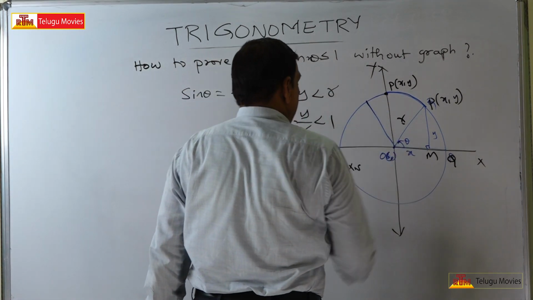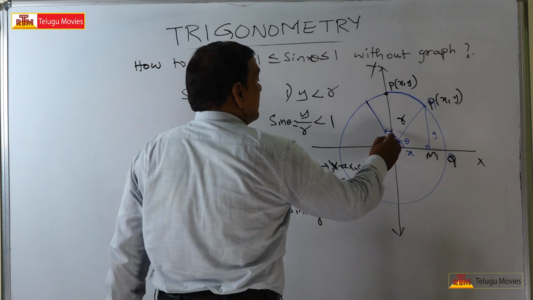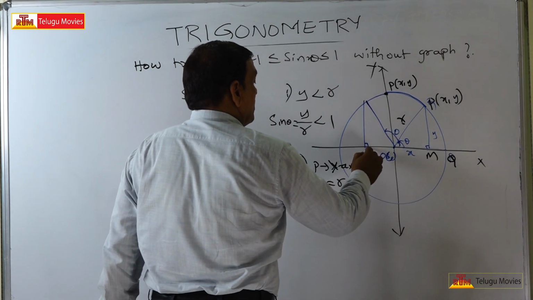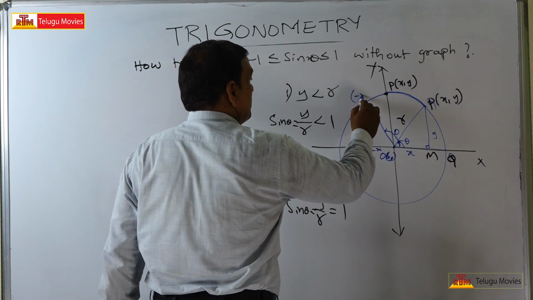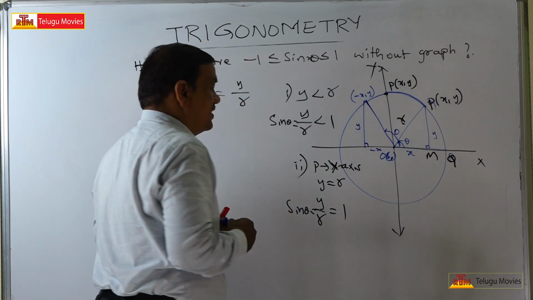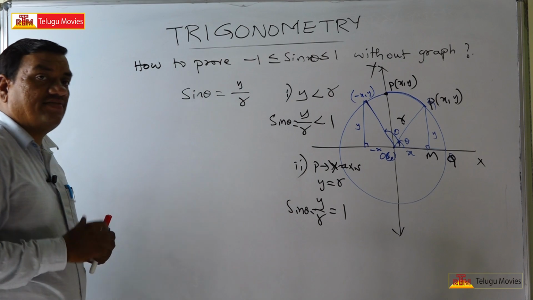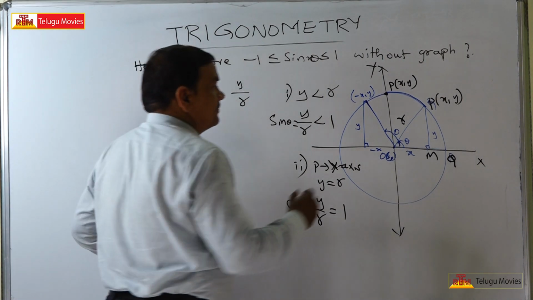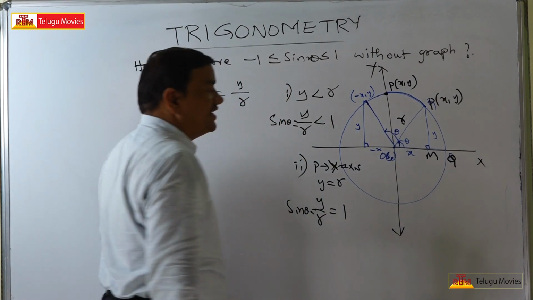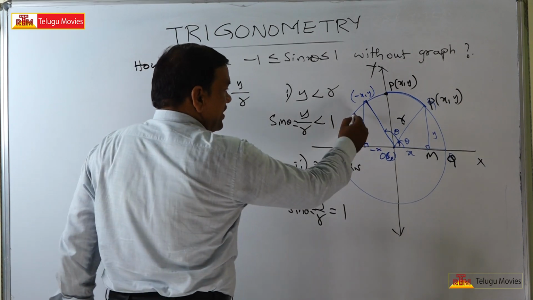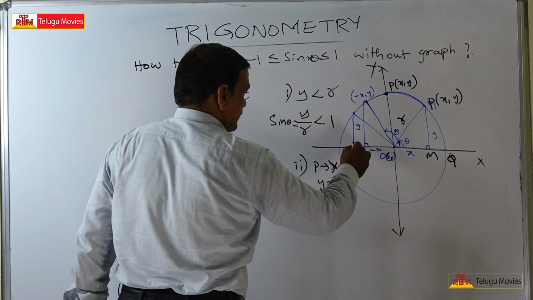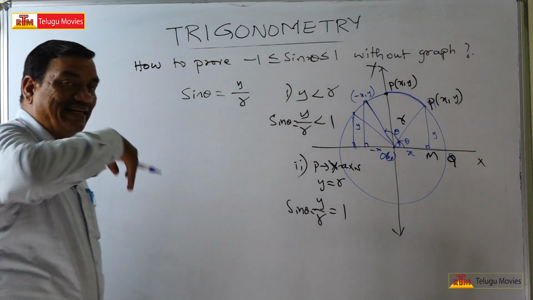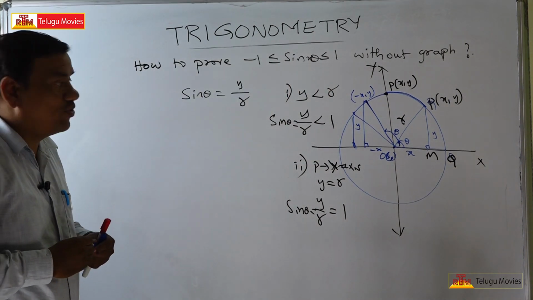Now coming to the negative direction. You see what happens. So this is theta. This is a negative x. This is a positive y. So this is the point (minus x, y). See here, as theta increases, this y value goes this side. That means the y value goes on decreasing.